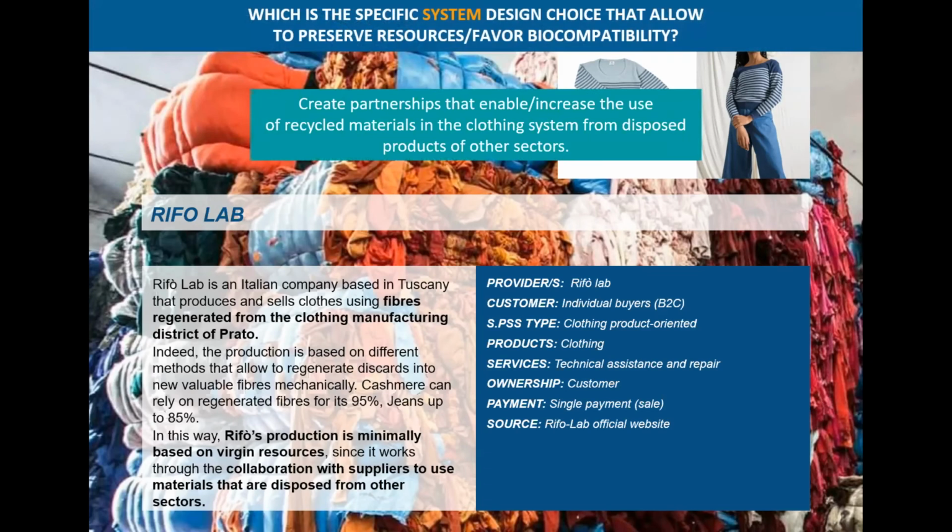So you create a partnership in which you increase the use of recycled materials in the clothing system, in this case from disposed products. So you're not talking about renewable resources, but this is a specific case in which you are relying on something that is coming from another production process. But it's still a point in biocompatibility and resource preservation, because you're not using new, for example, fossil resources.